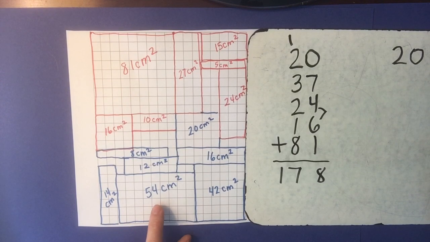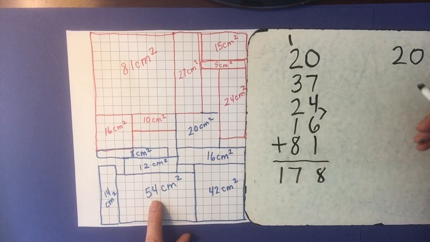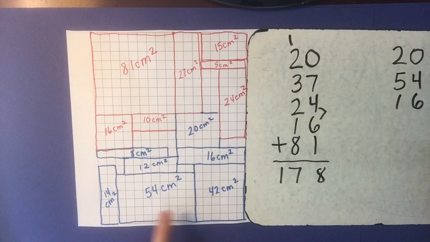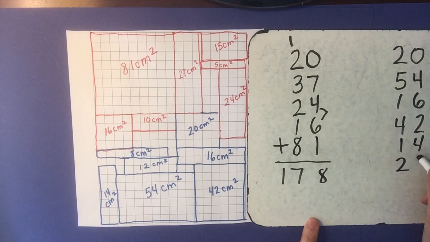The next one I see is 54 and 16. 4 and 6 is a fast 10, so I'm going to put those down here together. 54 and 16. And then I have 42 and 14, right? Ooh, and I forgot the 20 up here, so I'm going to add my 20 from there as well.